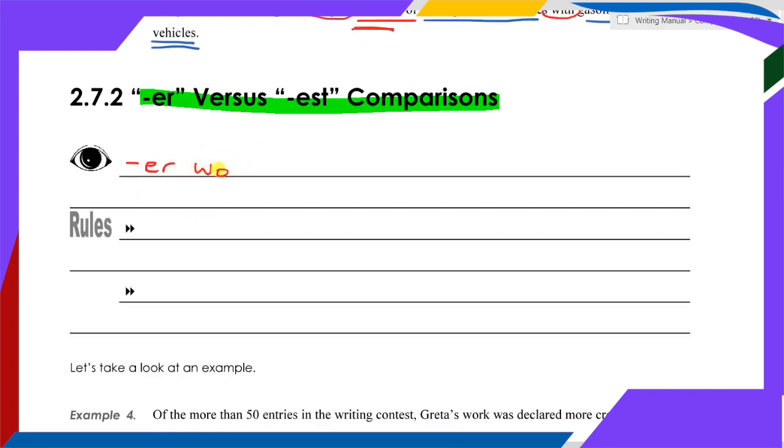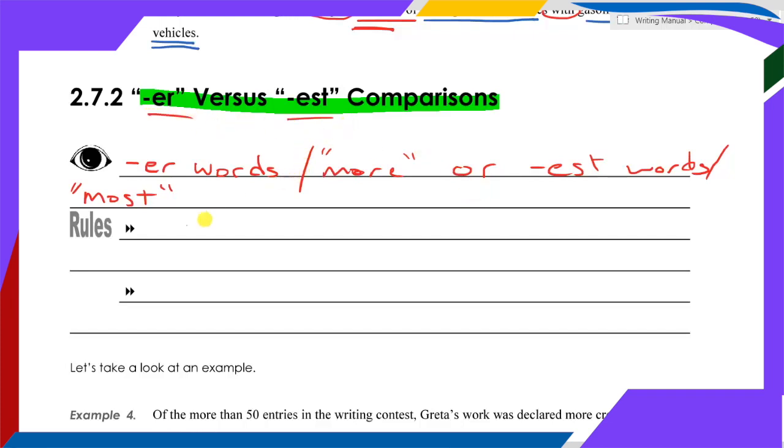ER words or more, or EST words or most. So if you see ER words or more, or EST words or most, they may be testing the ER versus EST comparison issue.